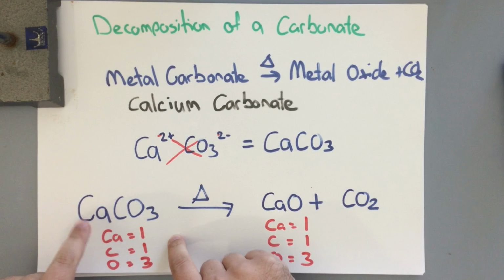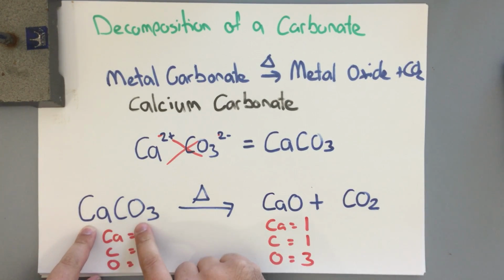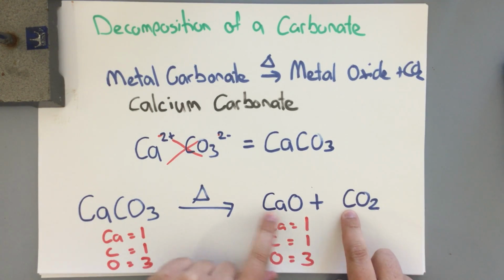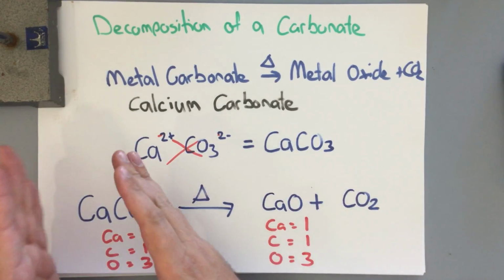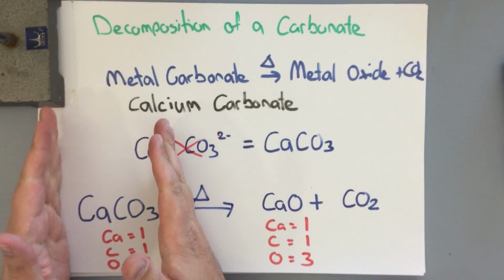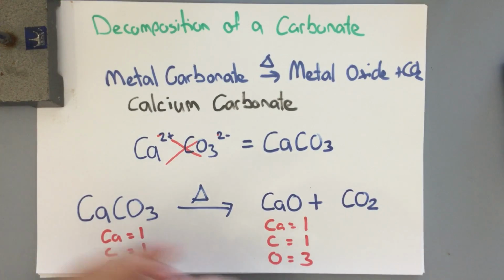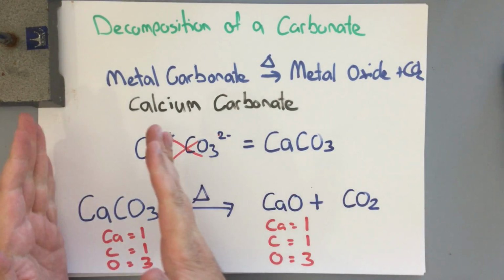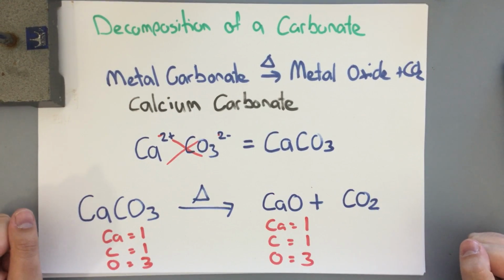It starts with 1 calcium, 1 carbon and 3 oxygens, and it breaks down into 1 calcium, 1 carbon and 3 oxygens. So the law of conservation of mass is maintained here because we're just splitting this one compound into two different compounds. We're not adding anything in here that we might need to balance on that side.